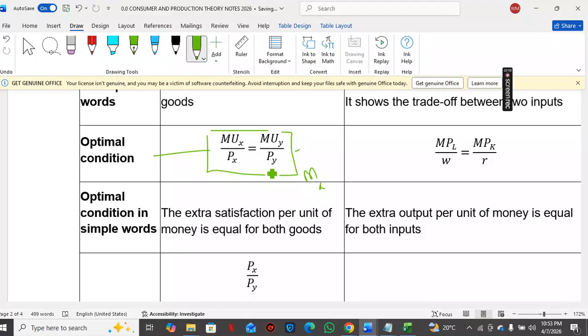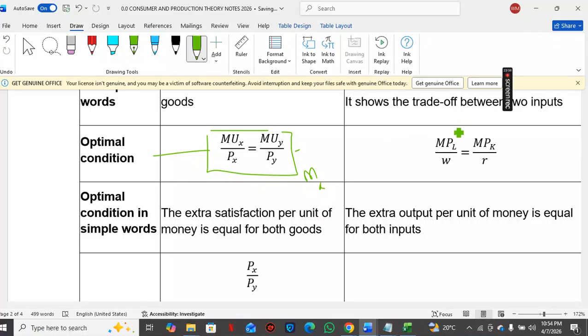That's where you get the most satisfaction. If the satisfaction you're getting for each quarter that you pay is equal for both goods, then that's the best condition. It shouldn't be better for one good or the other. Your satisfaction per quarter that you spend should be equal. That's when you get the most satisfaction.